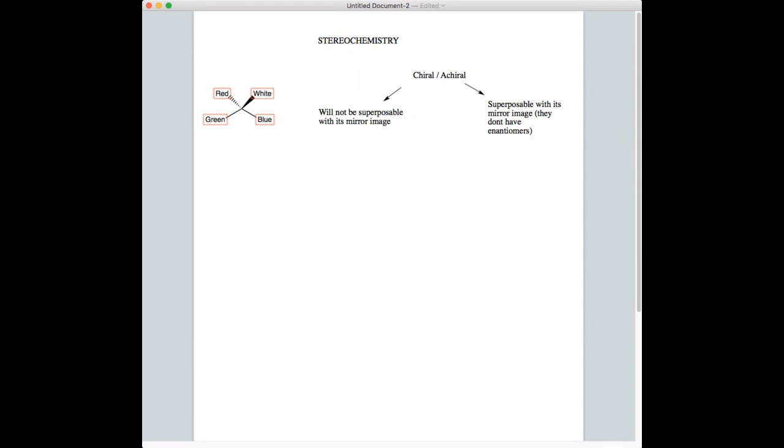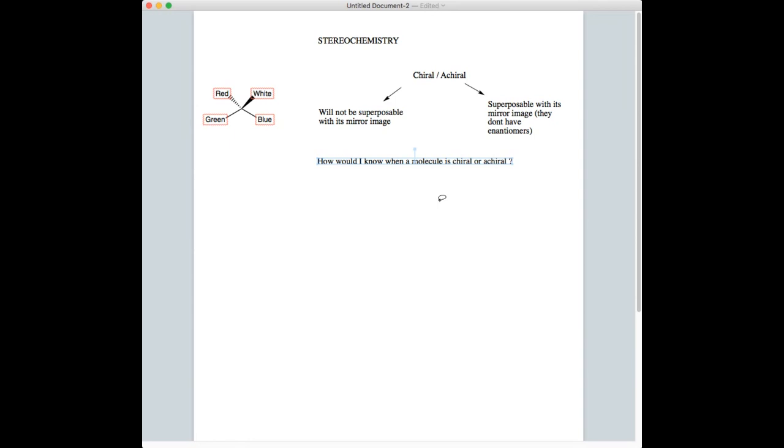So now the next question that you will ask yourself here is, how would I know when a molecule is chiral or achiral? And you could say to me, well, I can draw the molecule, I can draw the mirror image and try to superpose it, which is fine.